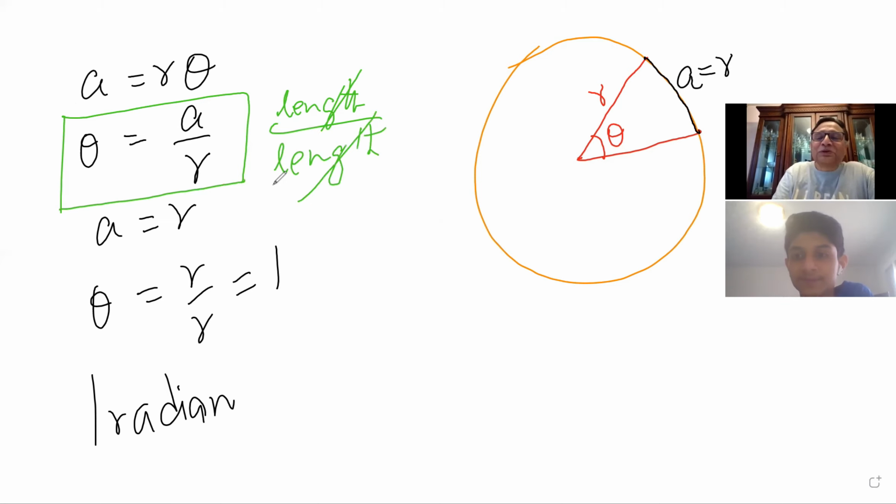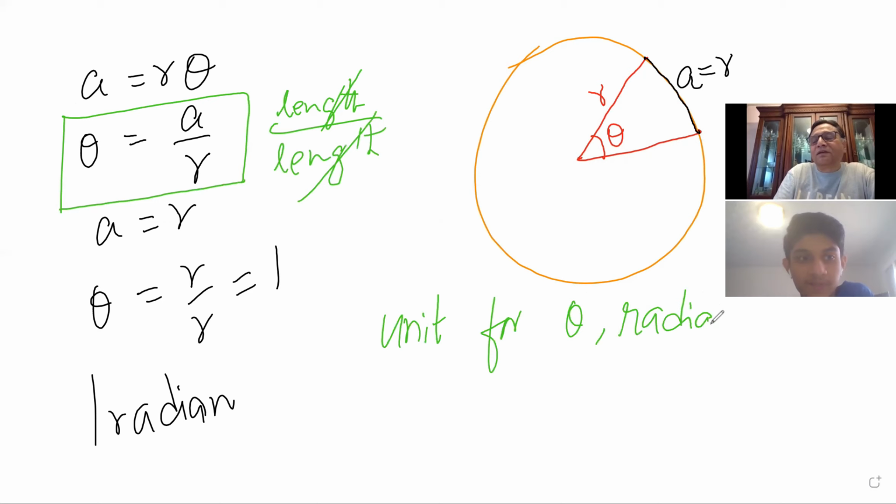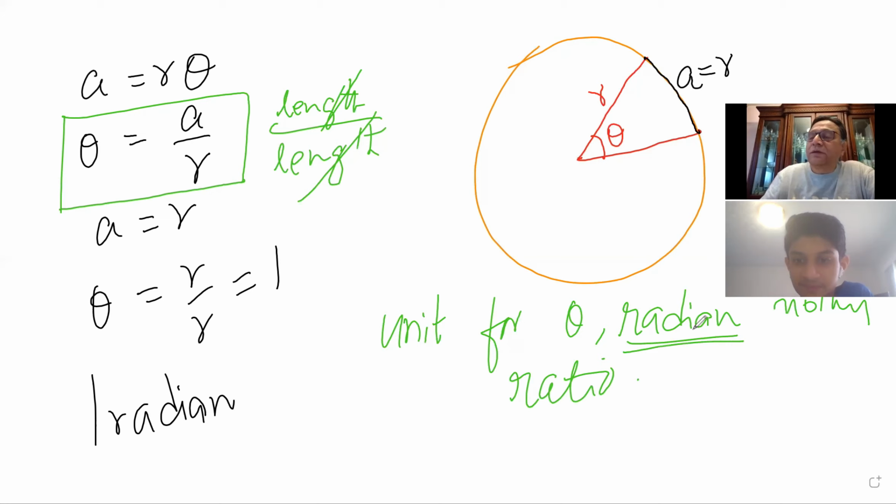So basically, the unit for theta, which is radian, is nothing. It's just a ratio. You understand now? Yes, sir. But yes, we call it radian. Is it okay? So it is a ratio of 2 lengths, which is arc length divided by the radius. Is this part clear to you? Yes, sir. Absolutely clear.